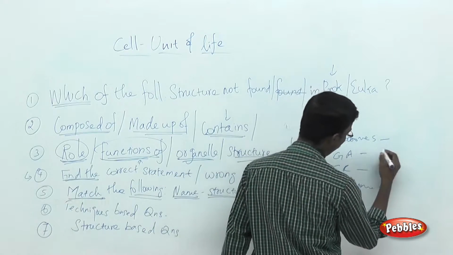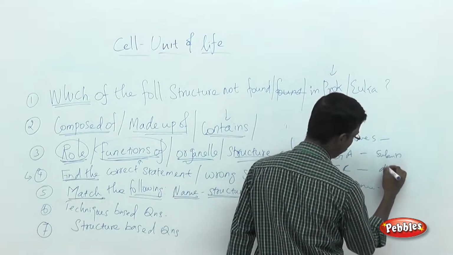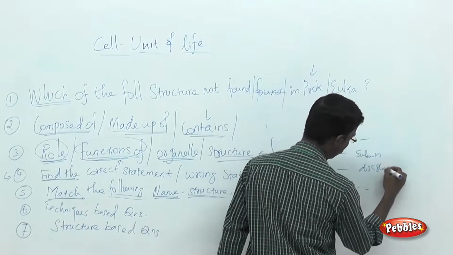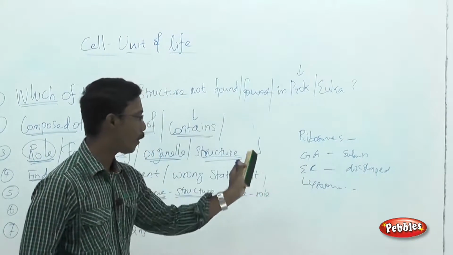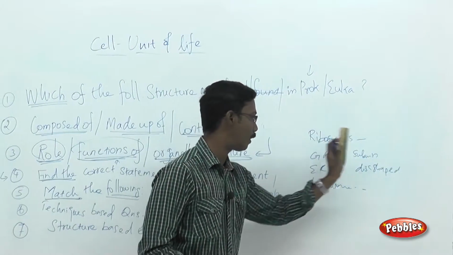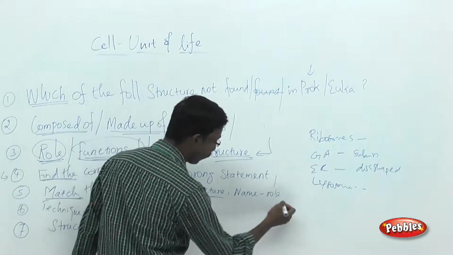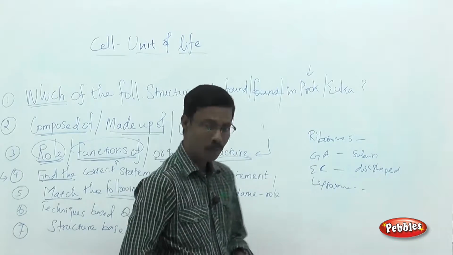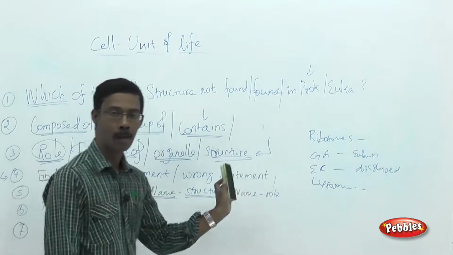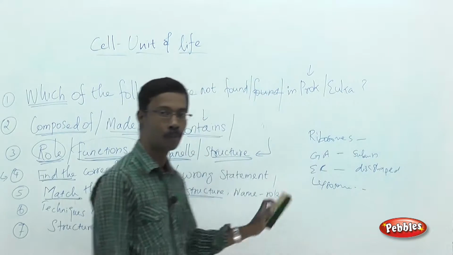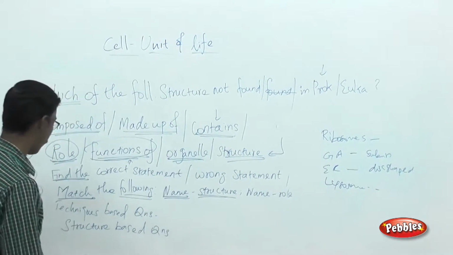So ribosomes are subunits, and Golgi apparatus is disc shaped. Okay, like that they will provide the combination of the structure and their shape. Okay, name and structure, or name and their role. Okay, they will give the shuffled combination, and you have to find the correct combination over here. Okay, this kind of question is very common from the unit cell as a basic unit of life.